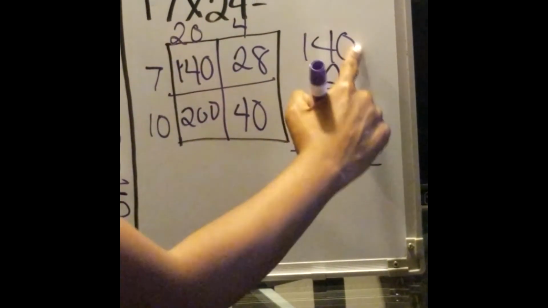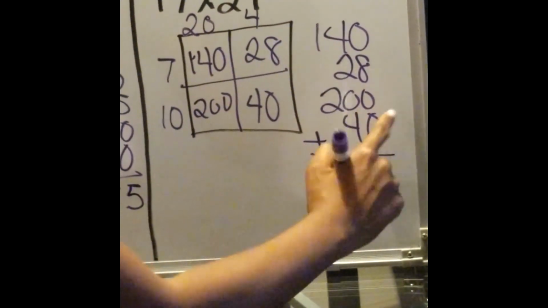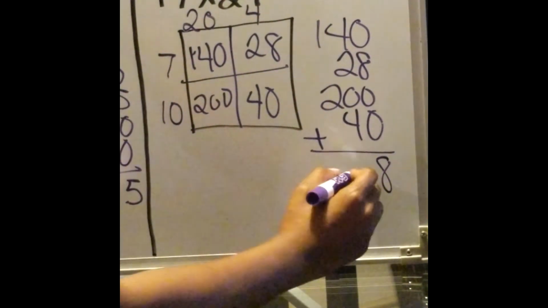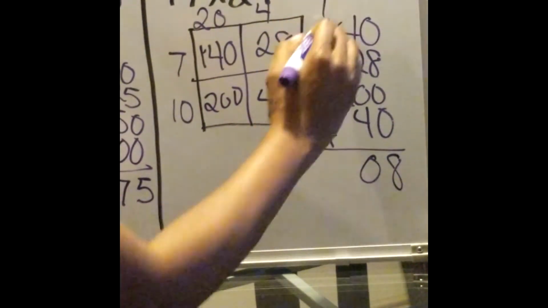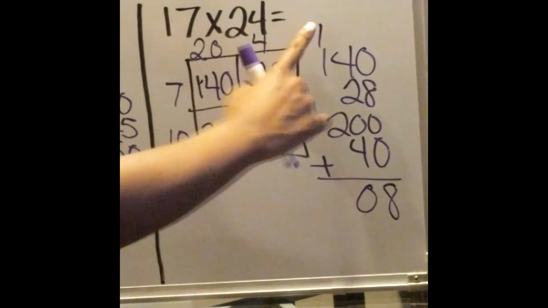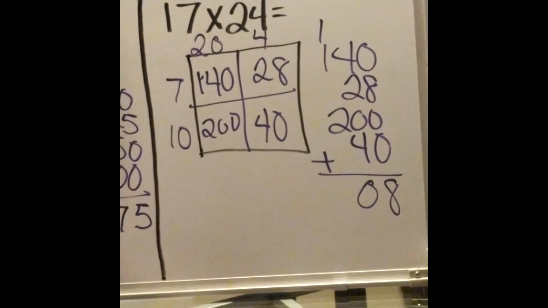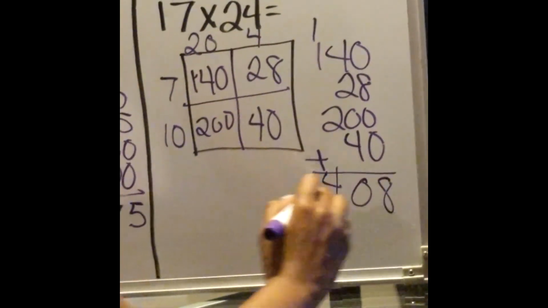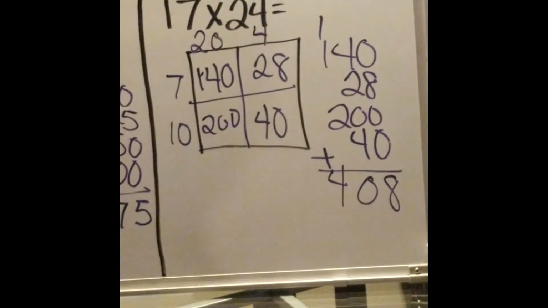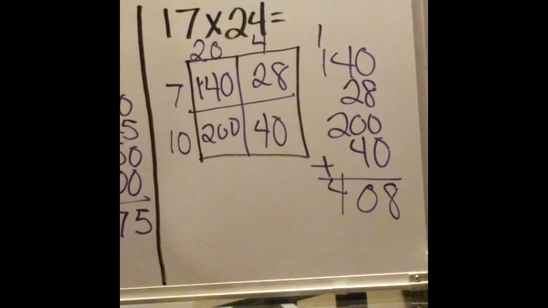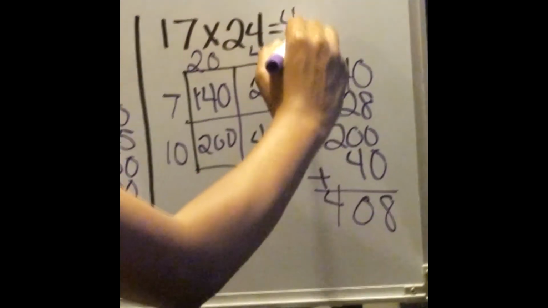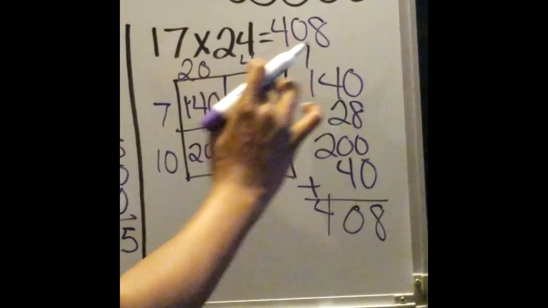I have 0 plus 8 plus 0 plus 0, which is 8. 4 plus 2, which is 6, plus 4, which is 10. And then I have 1 plus 1, which is 2, plus 2 is what? Exactly, 4. So my sum of my partial products is 408, which means my product of 17 times 24 is 408.